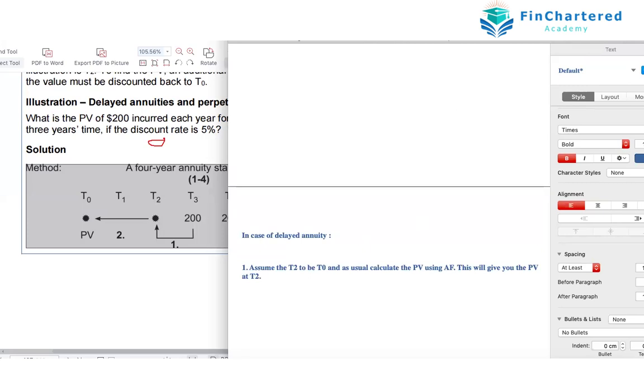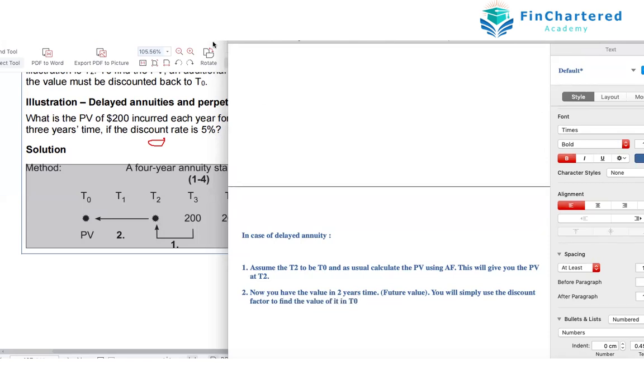Once that has happened, now you have the value in 2 years' time, which is again a future value. You will simply use the discount factor to find the value of it in T0.